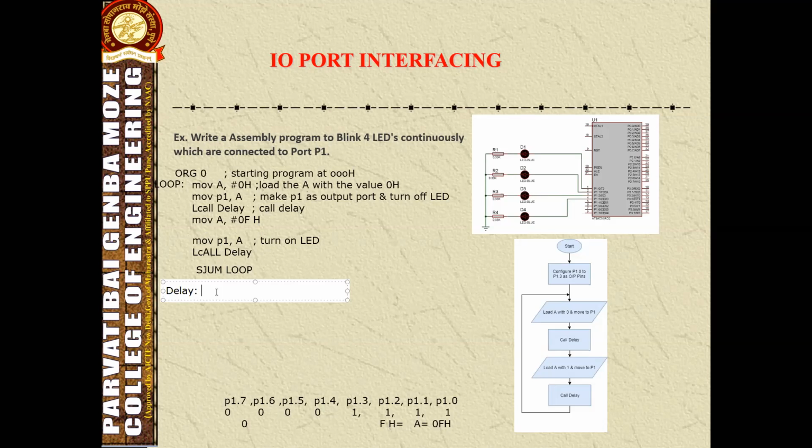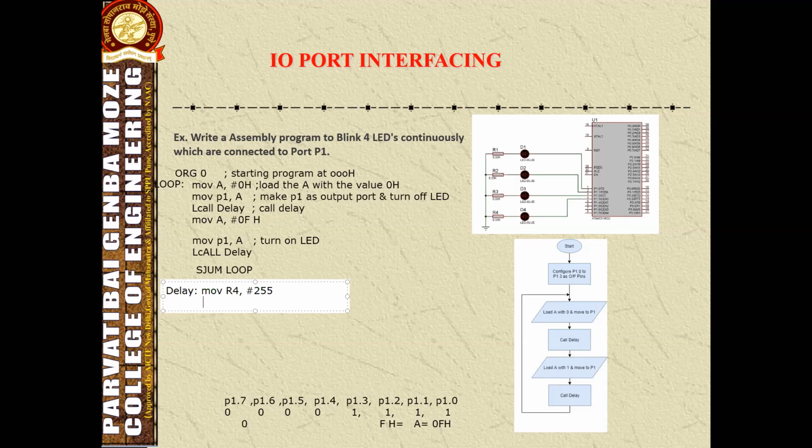So what is the delay here? Delay is nothing but, I am using register R4. In that register R4, I am giving some count. What count? Hash 255. I am giving some number to this register, loading the number. What number? 255. I am loading it into R4.